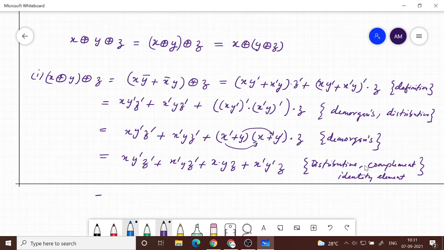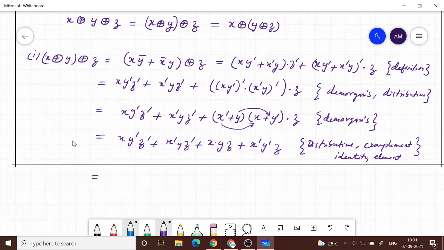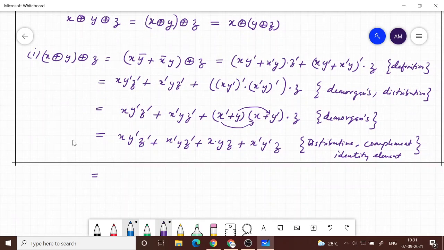Let me try to see. So y XOR z. So if I can bring it into that form, so wherever y XOR z. Okay.